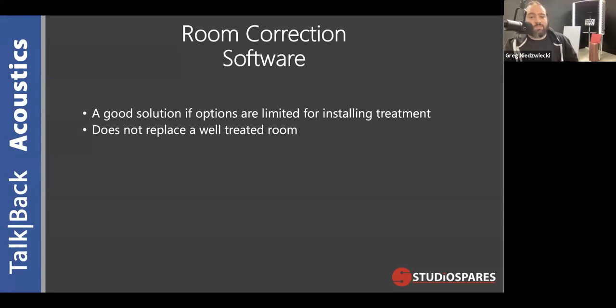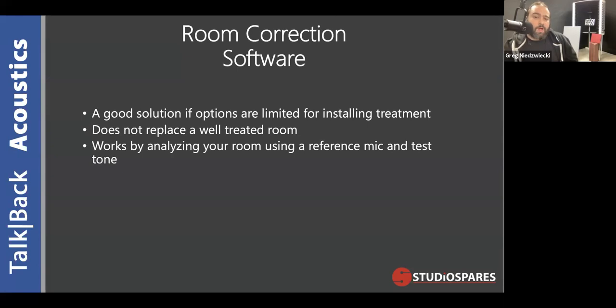It unfortunately doesn't replace a well-treated room, however, and this is because it works by analyzing your room. Essentially, you take a microphone and pop it in the mix position, and you play a test tone out of your speakers, and it will analyze your room and work out where there's dips in certain frequencies, where there's peaks in certain frequencies, and it will effectively EQ your room to give you a flat level, which is great.